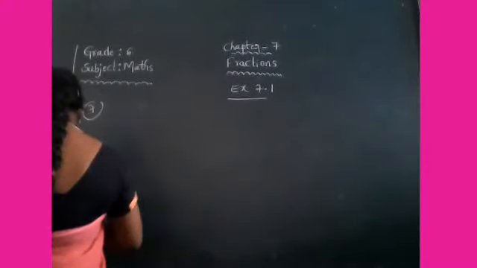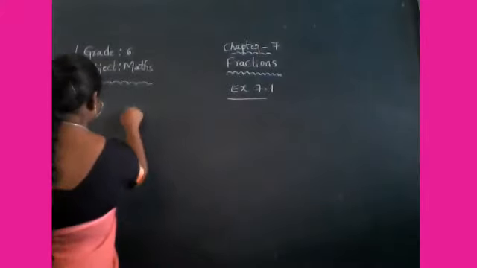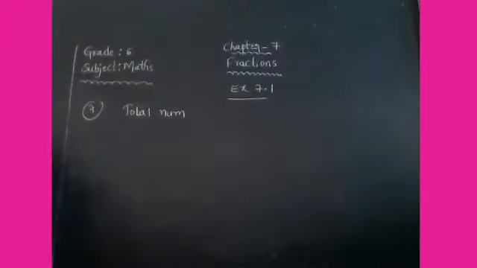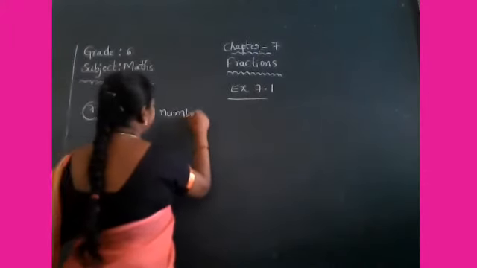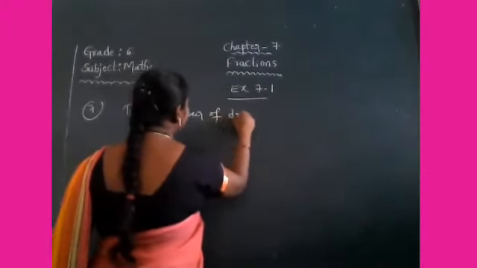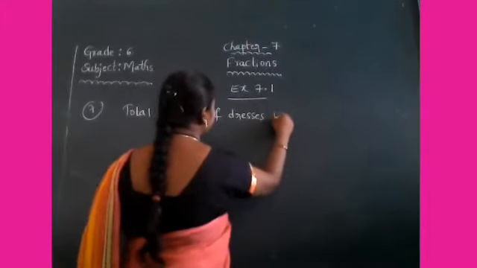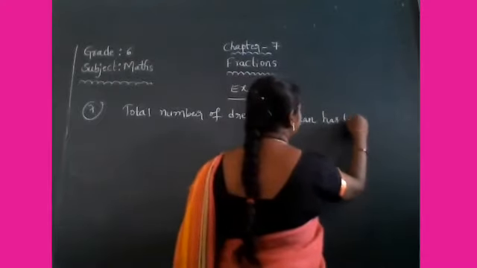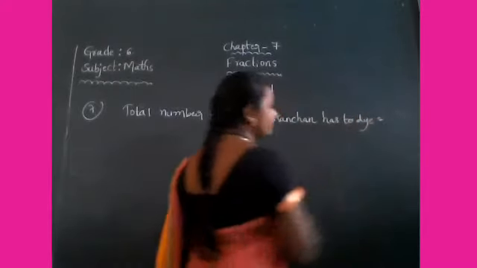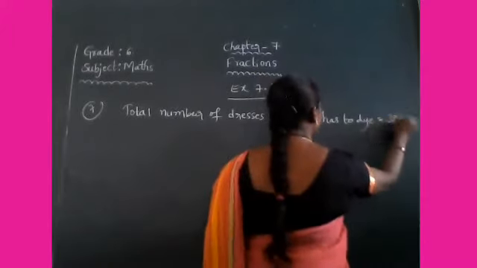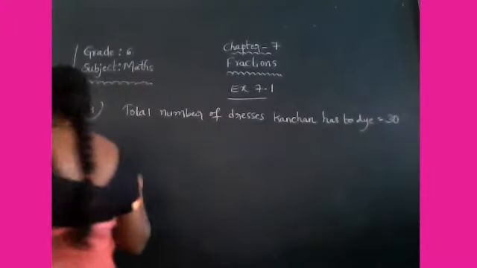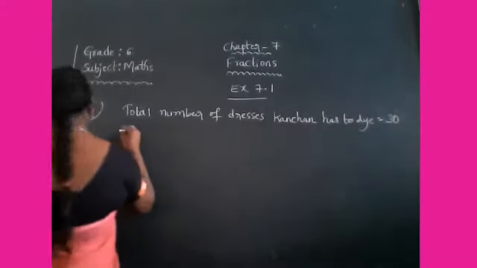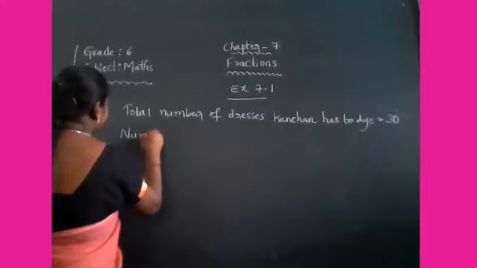First, write the total number of dresses Kanchan has to dye. Actually, how many dresses does she have to dye? 30 dresses. How many dresses has she finished? 20 dresses.